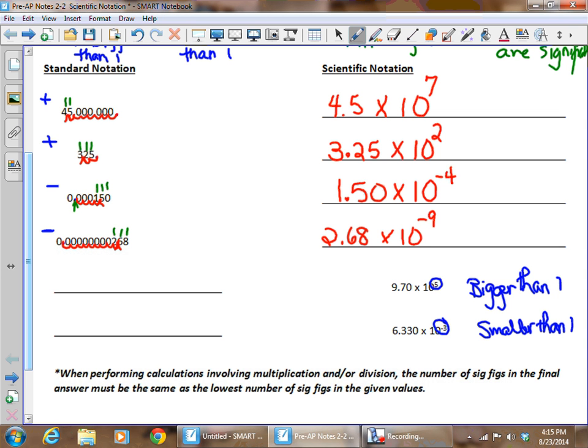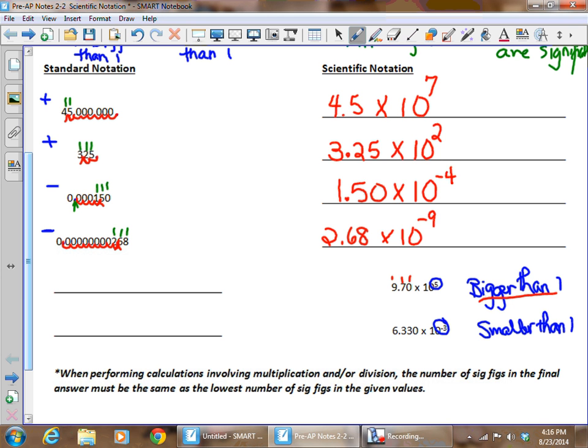Now what if you need to go the other way around? What if you've got it in scientific notation and you need to change it to regular notation? Well, first of all, we've got the decimal. Scientific notation is always going to have the decimal showing. All of the digits are significant, so we've got to make sure we keep all of those significant in our final answer. We've already established that this has to be bigger than 1. And since it's a positive exponent, bigger than 1, in order to get this decimal moved 5 places, think about it.